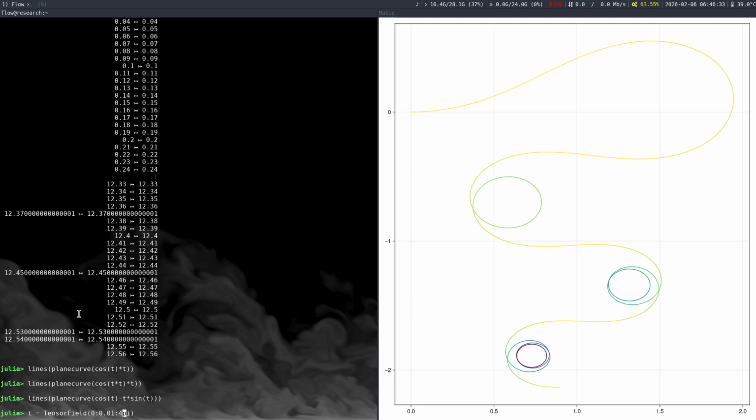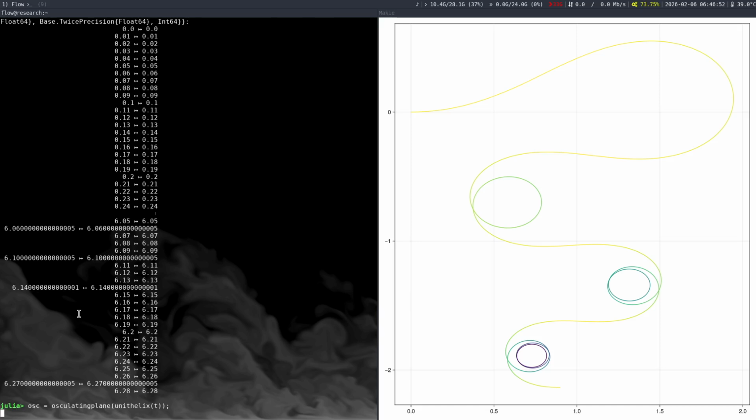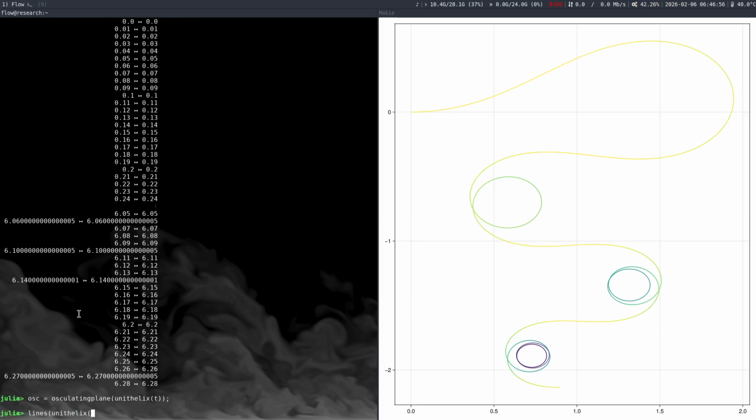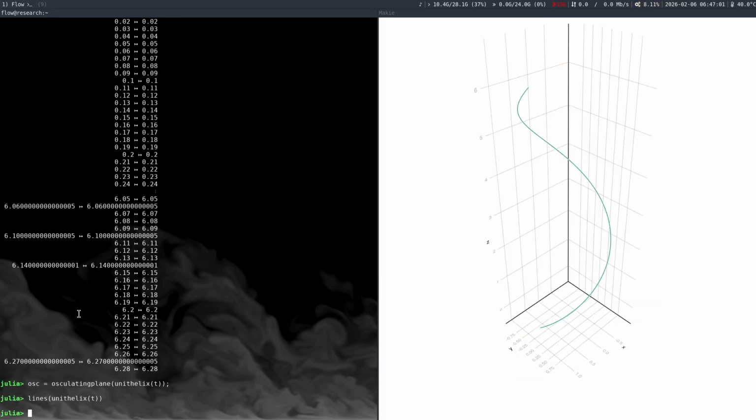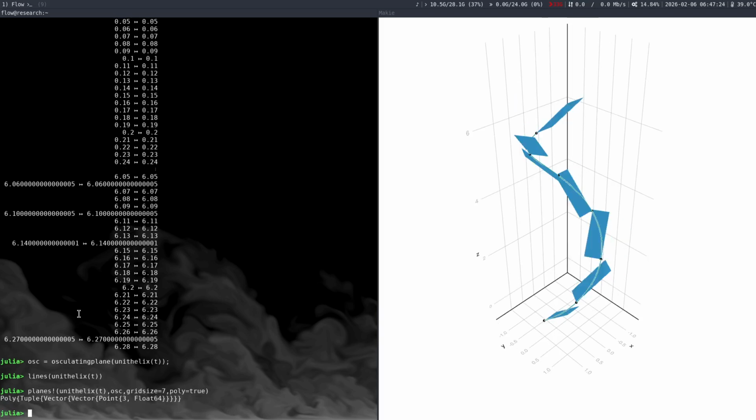Let's go back to the helix. Some of the other things you can do is visualize this osculating plane. And let's add the arrows.